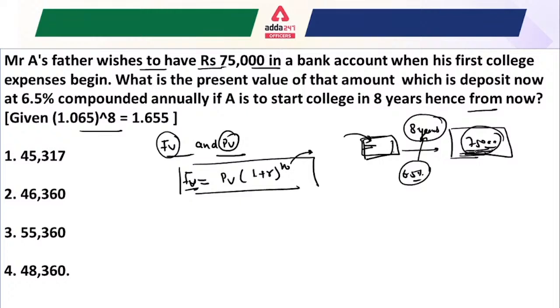We use the formula: future value equals present value multiplied by (1 plus r) to the power n. We want 75,000 rupees in A's bank account, and the present value, the amount to deposit now, is what we have to calculate, with the rate of interest given as 6.5%.